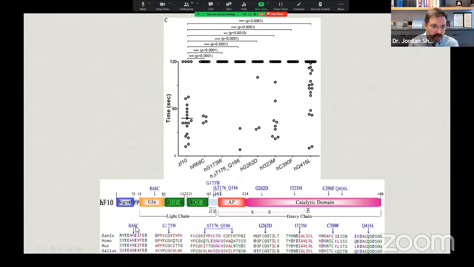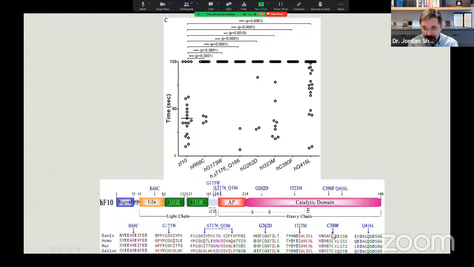And what you can see here is we've picked certain amino acids that are mutated in factor 10 deficiency that Dr. Pavandi had found, mutations that hadn't been studied well. And we found ones that have the same amino acid. If you look down here, they have the same amino acid in all these species. Well, not all of them, but most of them.